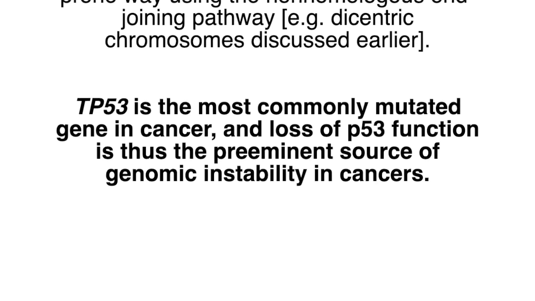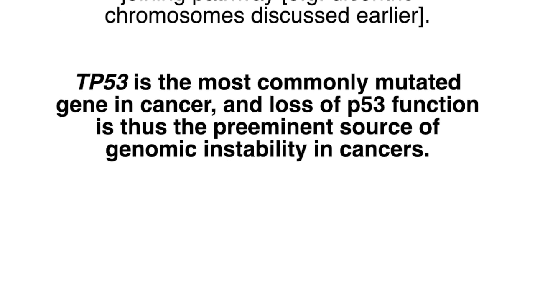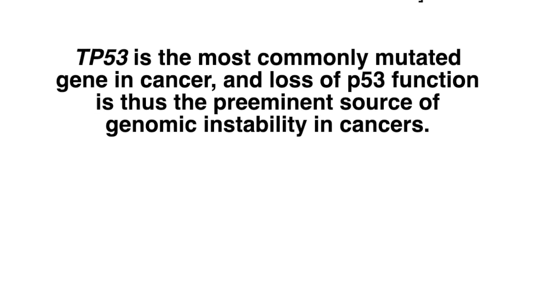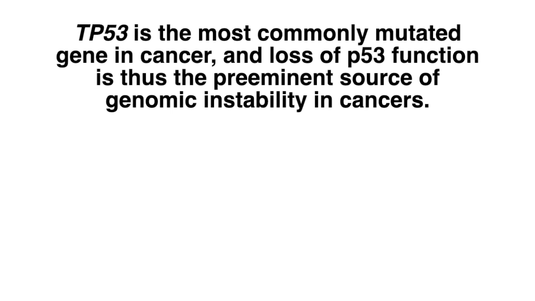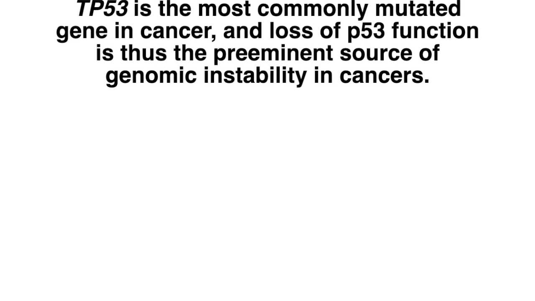Example, dicentric chromosomes discussed earlier. TP53 is the most commonly mutated gene in cancer, and loss of p53 function is thus the preeminent source of genomic instability in cancers.